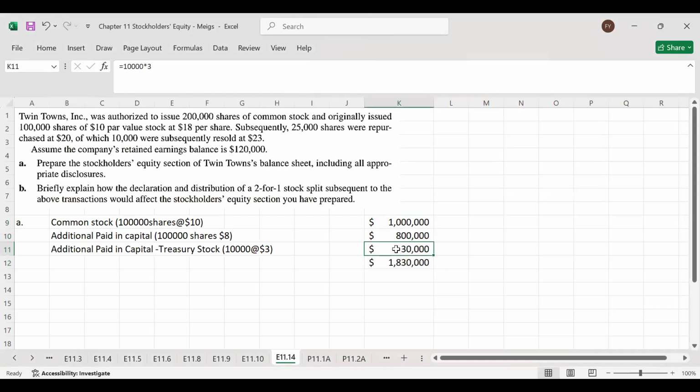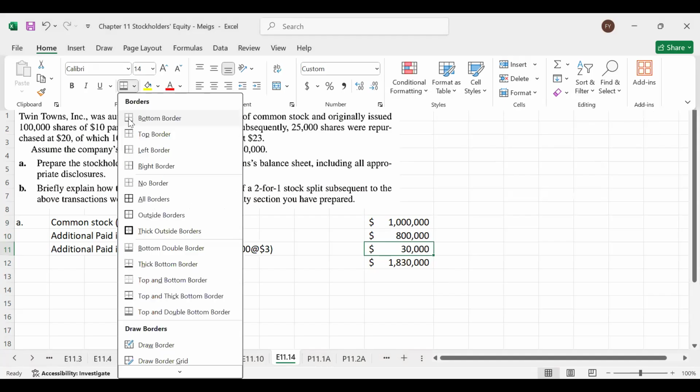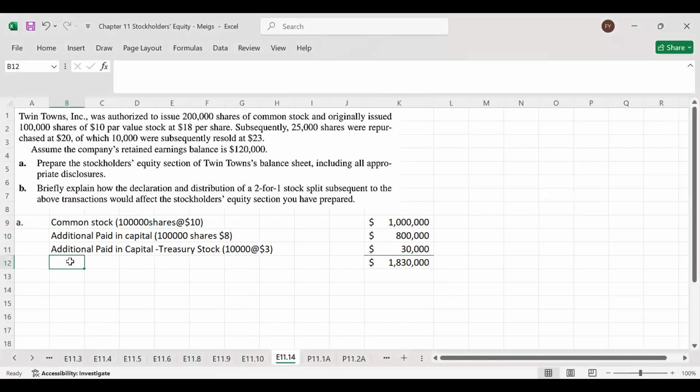So the subtotal is the summation. This is your total paid in capital, or you can say total contributed capital, which is 1.83 million. And then we have retained earnings, which is also mentioned in the problem, $120,000.